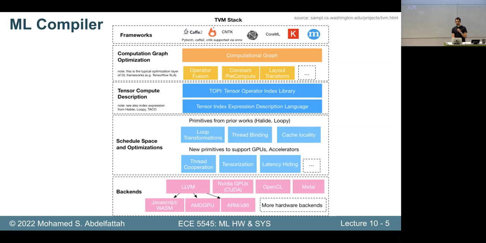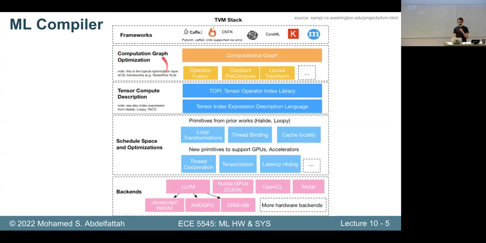And usually in machine learning compilers, you also have 2 levels of intermediate representation. A nice thing is that from these frameworks, you get this coarse-grained computational graph. This is like your deep neural network topology. It's like big coarse-grained blocks that are connected together in some way, something like convolution or matrix multiplication or addition.